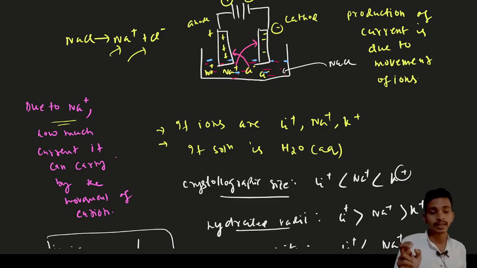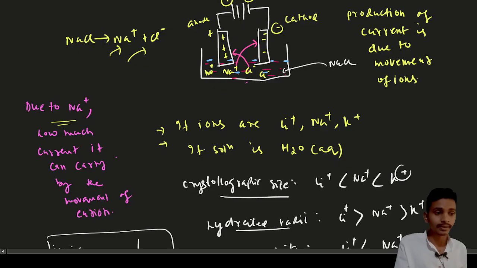If we see in this experiment, there are so many Na+ and Cl- ions. Now the question is how much current is carried by Cl-, or how much current is produced due to the movement of Cl-. For that, we ask individually only for Cl- or only for Na+, and we express it in terms of transport number. It means how much current is carried by this ion.